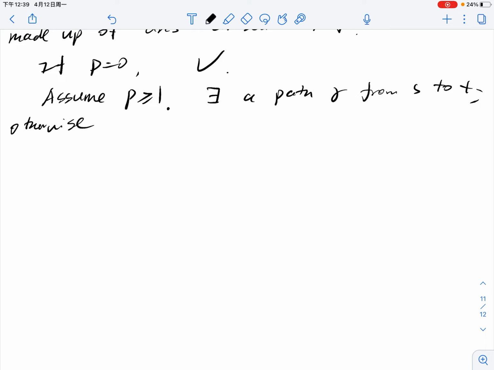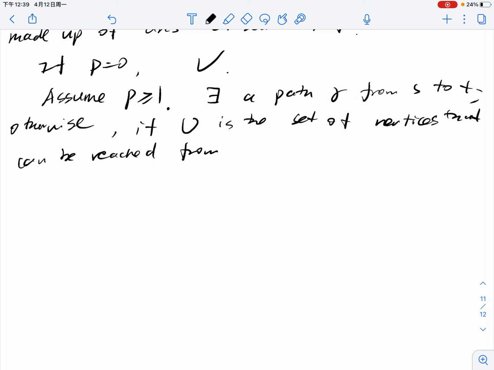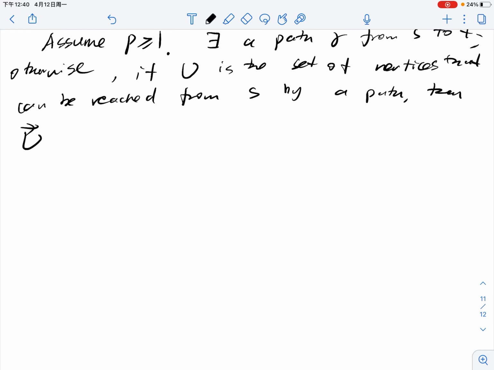Otherwise, if there's no such path, let U be the set of vertices that can be reached from S by a path. Then the leaving set is empty.